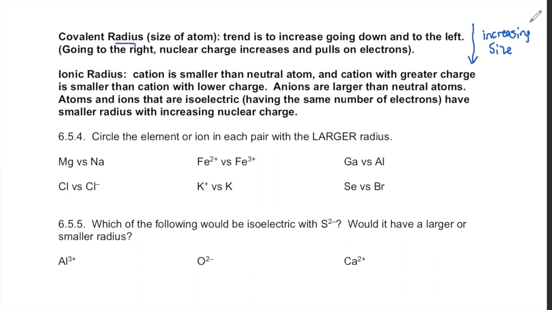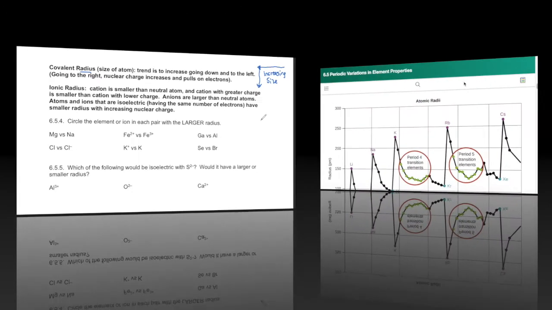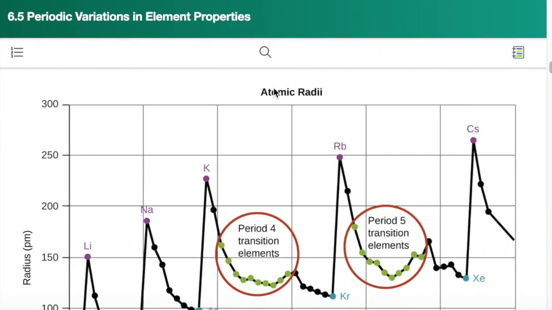It gets smaller going left to right because you're working on the same shell of electrons and the protons in the nucleus are pulling on that shell more and more, squeezing on it and shrinking it. So the size actually increases going right to left across the periodic table. This is the general trend for uncharged atoms, regular elements, to get bigger going to the left and going down.